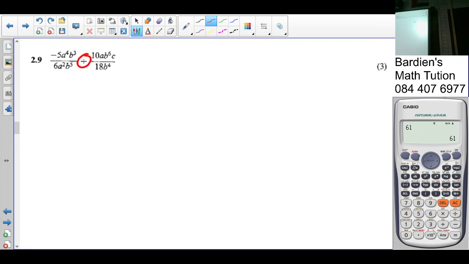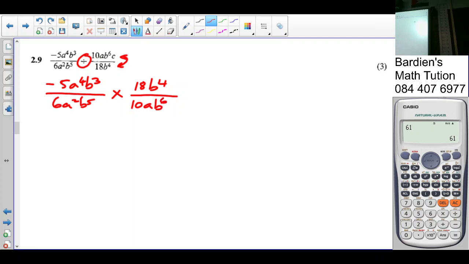Change this to multiplication, tumble and times. So it's going to be negative 5a4b cubed over 6a squared b5 times 18b4 over 10ab6. Not so? Yes.